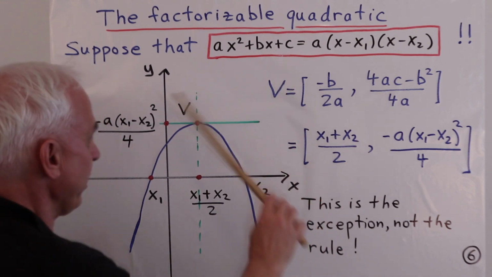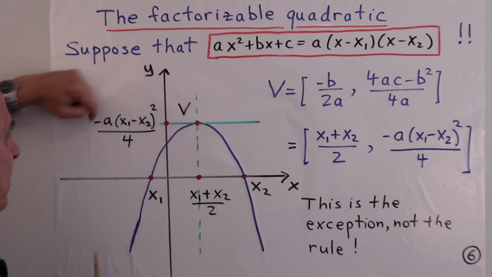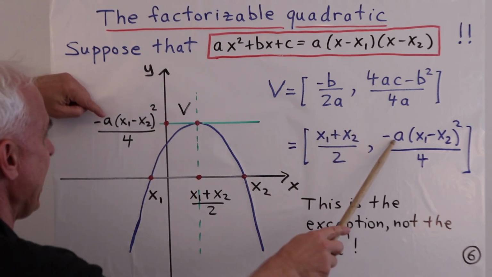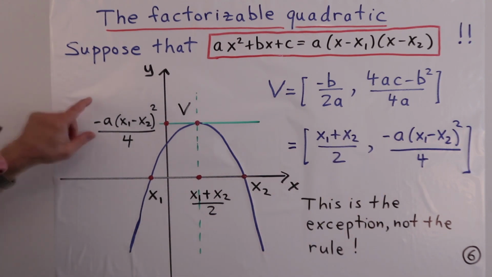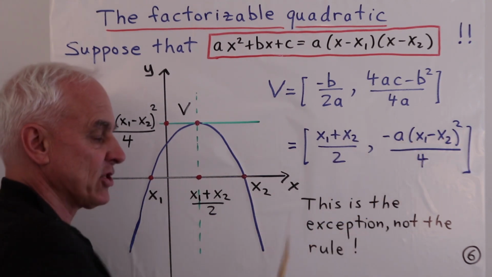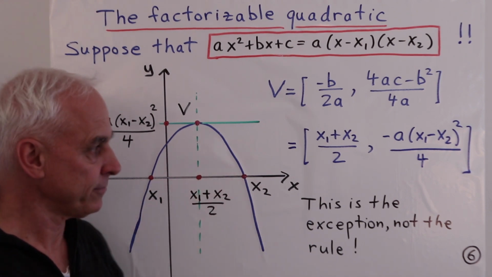And the y value of the vertex is minus a times (x1 minus x2) squared over 4. So up to a multiple, it's the difference of the two zeros squared.